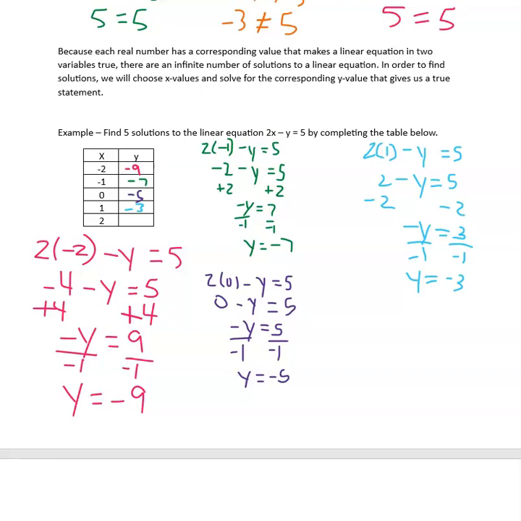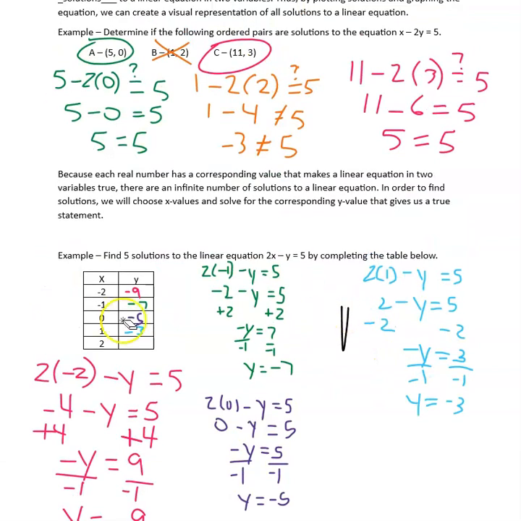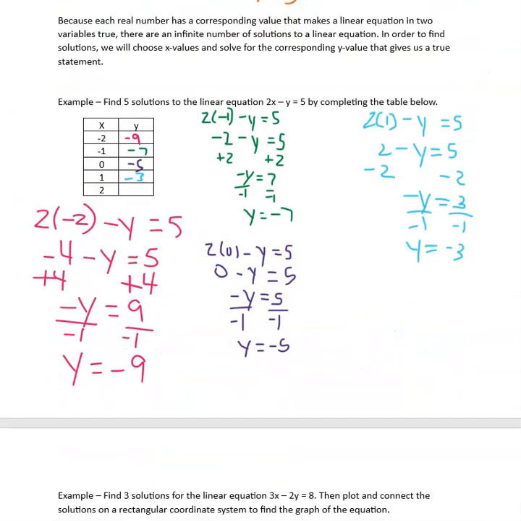And then the last solution that we want to find is when x is equal to 2. So we plug 2 in for x. So 2 times 2 minus y equals 5. So 4 minus y equals 5.